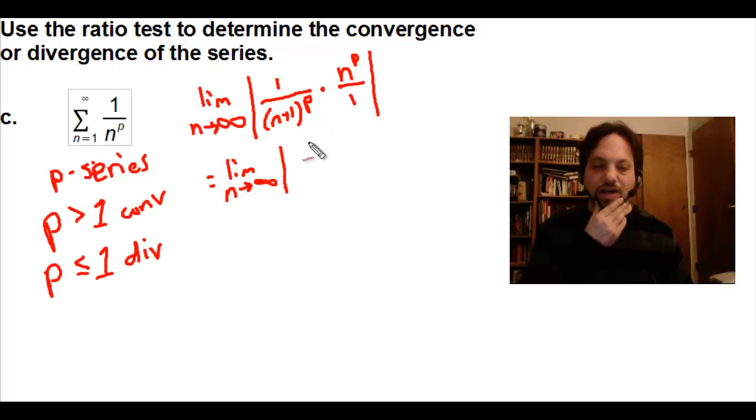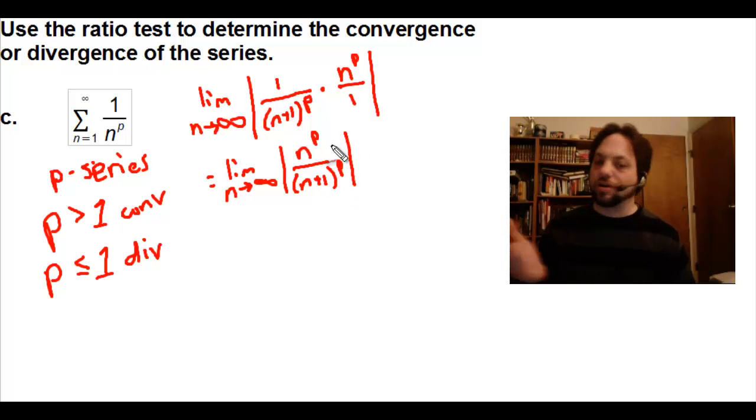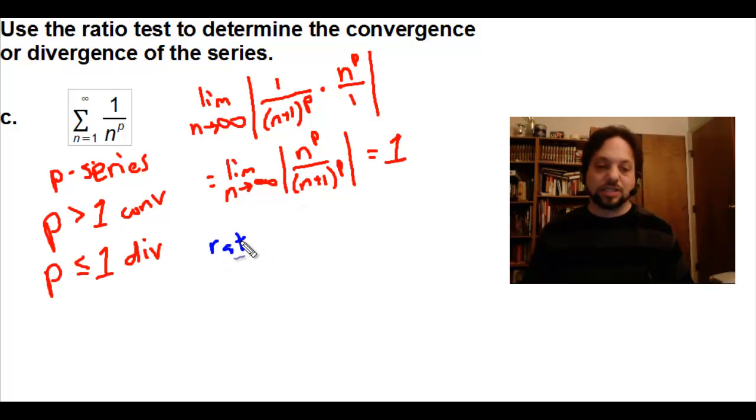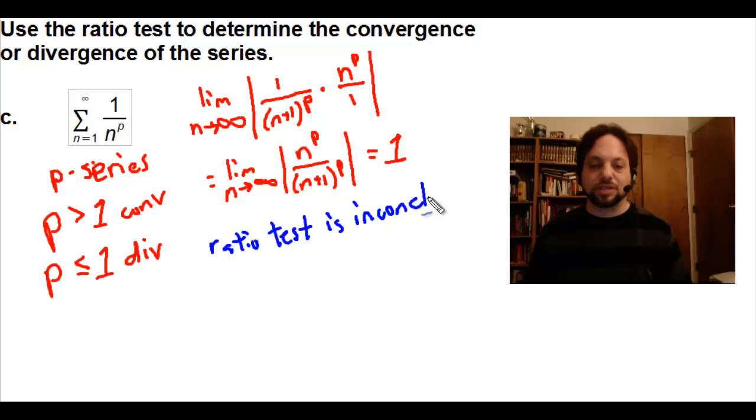I have an n to the p on top. I have n plus 1 to the p on bottom. Recall that those are, as n approaches infinity, essentially the same thing. And so this will approach 1, telling me what? That the ratio test is actually, once again, inconclusive for this series.